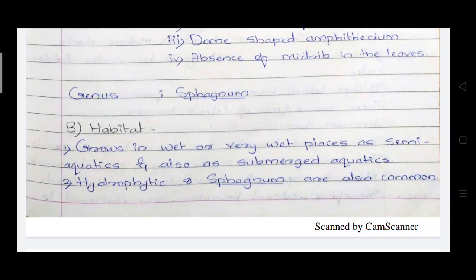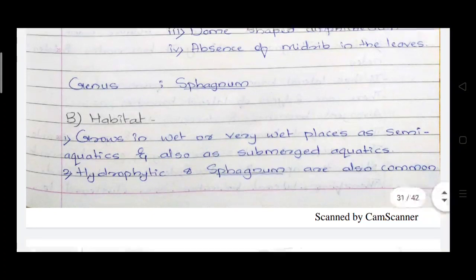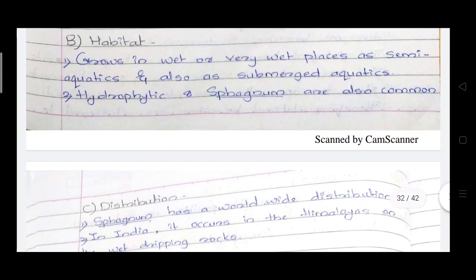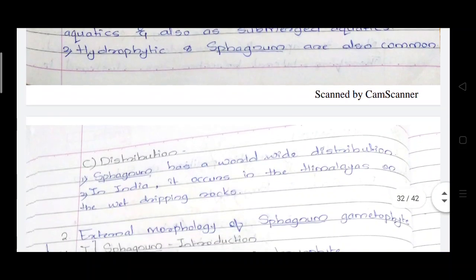Submerged means half of the plant is under the water and half is in the air. Hydrophytic Sphagnums are also common, where the whole body of the Sphagnum is covered under the water.